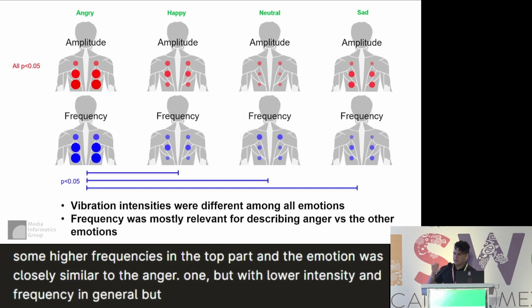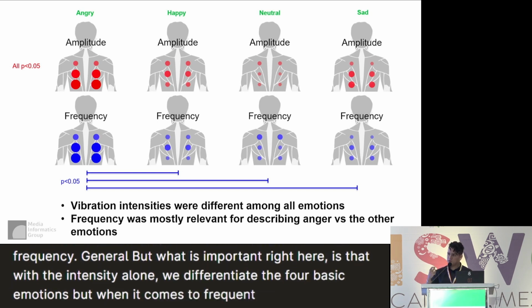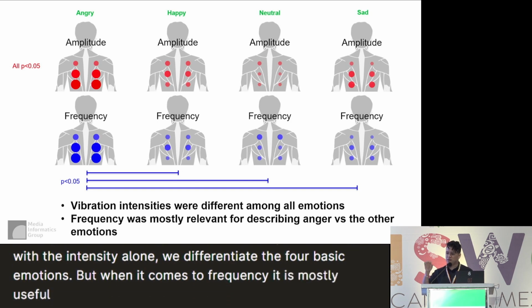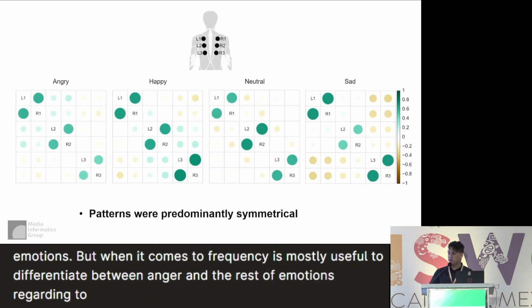What is important here is that with intensity alone, we can differentiate the 4 basic emotions. But when it comes to frequency, it is mostly useful to differentiate between anger and the rest of the emotions. Regarding spatial locations, we found 2 very interesting insights.